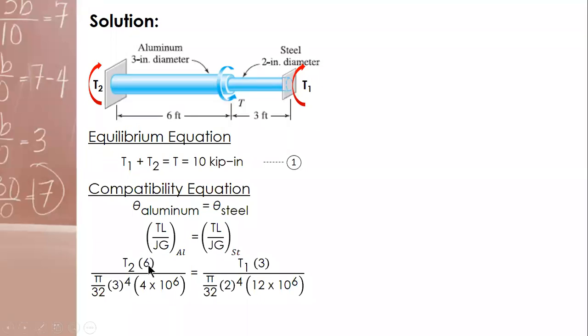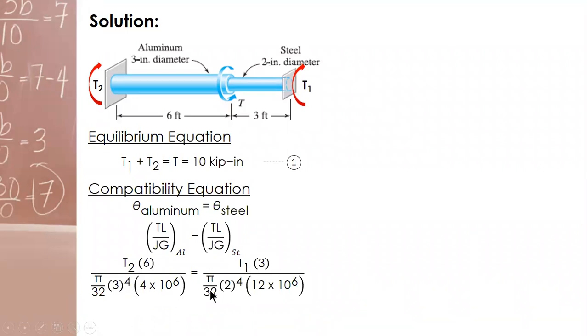Now, sa values, you may not convert. Like kini, 6 feet, kini 3 feet. Pwede rin, dili i-convert, kaya compare lang man ka. It's useless to convert. If you will multiply this one by 12, you will also multiply 3 by 12, so it will just cancel out. So, TL over G, TL over GJ.